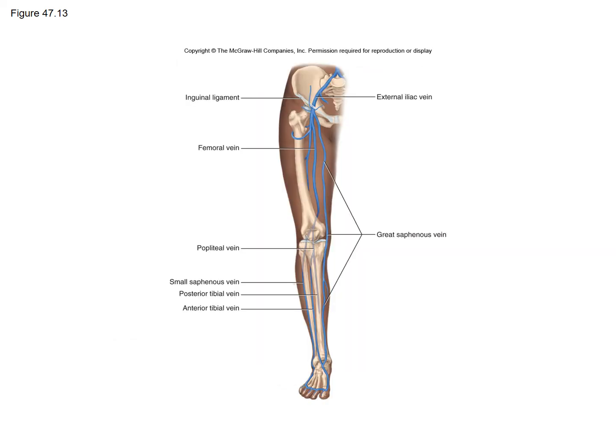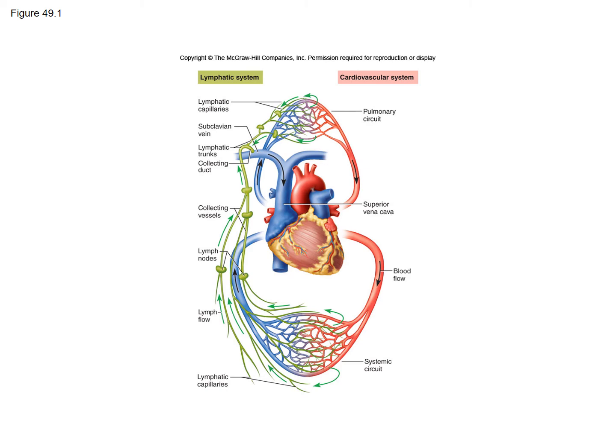Same thing in the leg, external iliac vein, inguinal ligament again, and the femoral vein, like femoral artery exactly, and this will be the great saphenous vein, popliteal vein, and this will be the small saphenous vein, and this will be the posterior tibial vein, and this will be the anterior tibial vein. So the names are almost the same between the veins and the arteries.